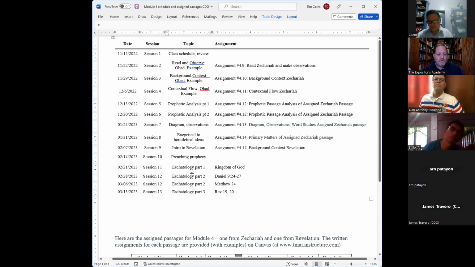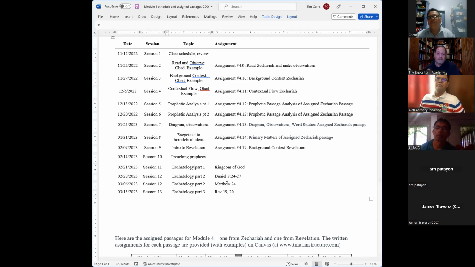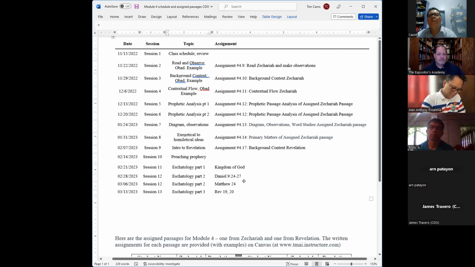And then I'll spend a few weeks going through some key passages, talking about eschatology, the study of end times. I want us to look at a couple of these key passages and see what we can learn about these key end times prophecies from those particular texts. That'll be a bonus that we'll talk about together.